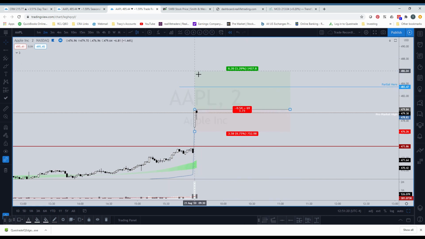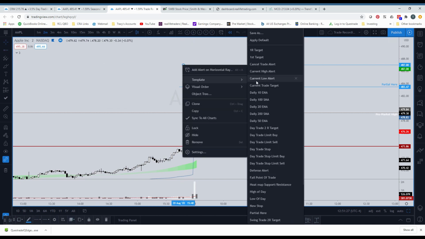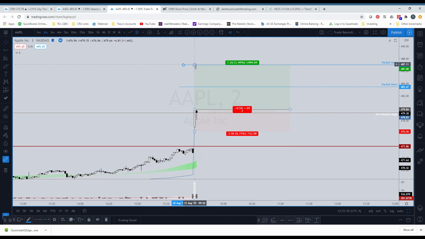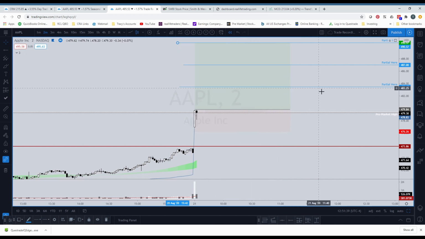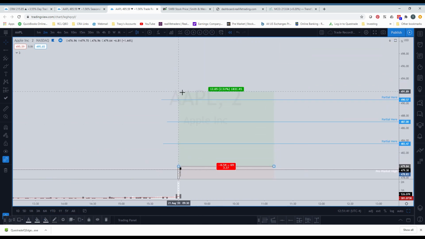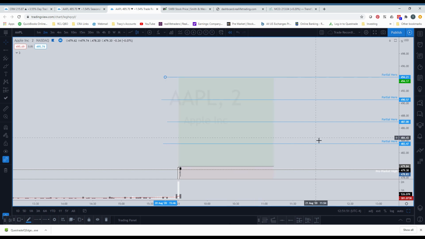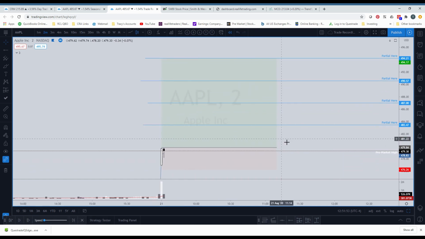And then at 2R, I'll take a partial. 3R, I'll take a partial, etc. And the next one I'll be at 4R, unless I find some other levels as it's progressing. I'll take a partial. But these are the levels that I had set up once I entered the trade.